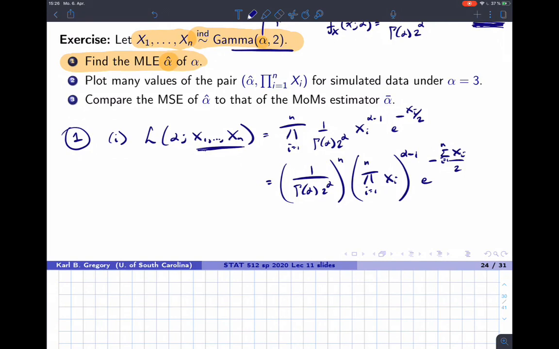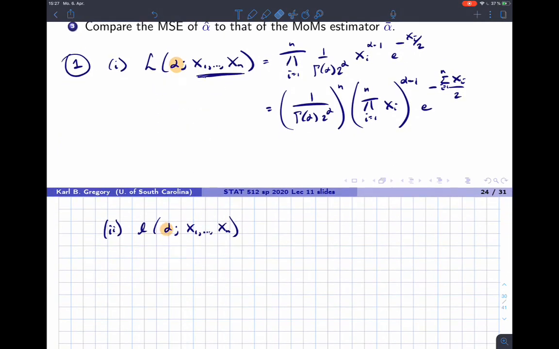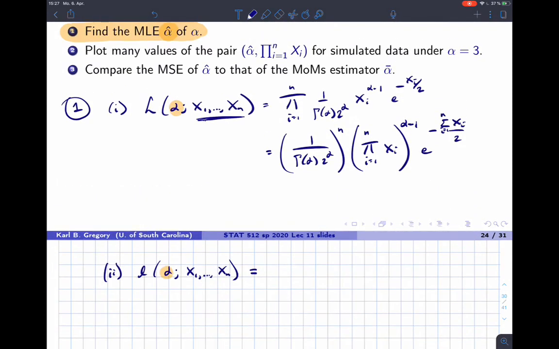Now, what I should do is go to the log likelihood function, because what I'm going to want to do is take the derivative with respect to alpha of the log likelihood and then set that derivative equal to 0. I don't want to differentiate this function with respect to alpha because it involves all these products, and the product rule will give us a headache real fast. So we switch to the log so that products become sums.